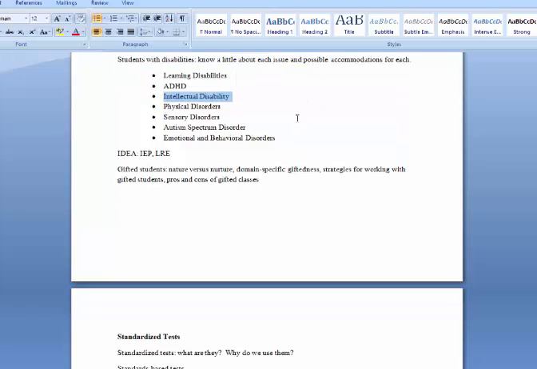All right, we touched on physical disorders a little bit: students that might have orthopedic issues, maybe a wheelchair situation, or students who might have seizure disorders. When we're talking about students with any kind of medical condition, make sure that you know what to do if an emergency arises. If a student does have a seizure in the classroom, what are you expected to do? Who do you contact?